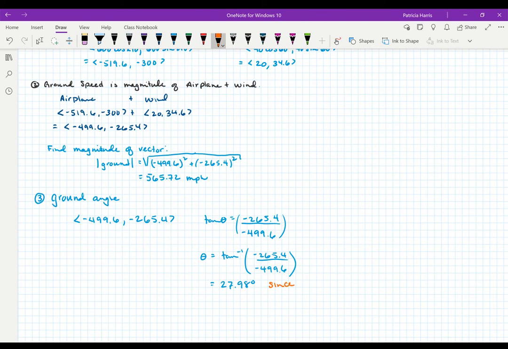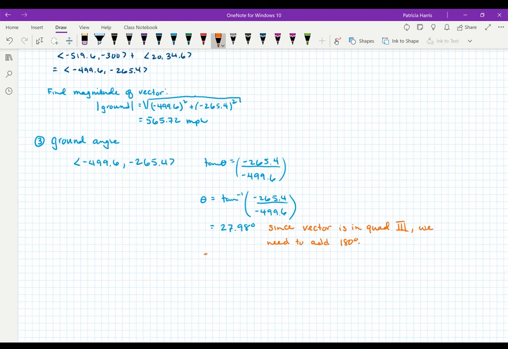Since the vector is in the third quadrant, if we add 180 degrees to that, that will put us in our third quadrant and give us a direction angle of 207.9 degrees.